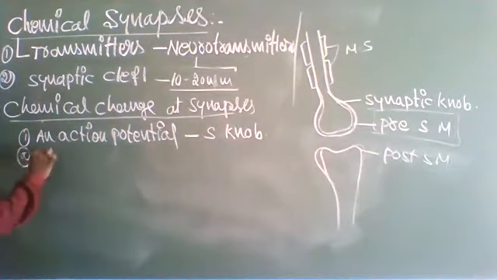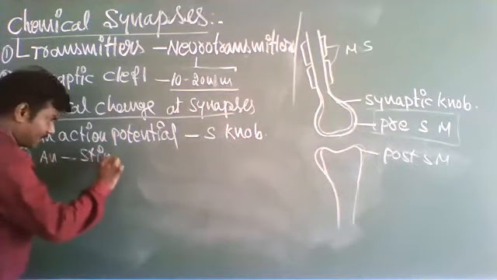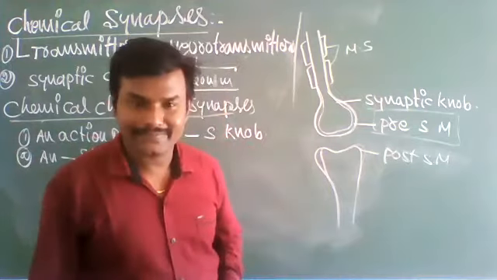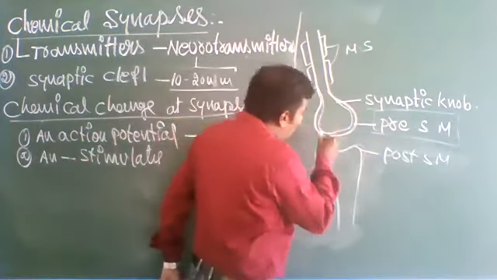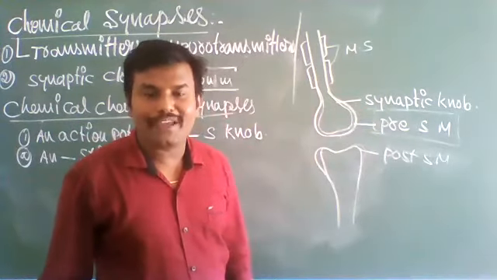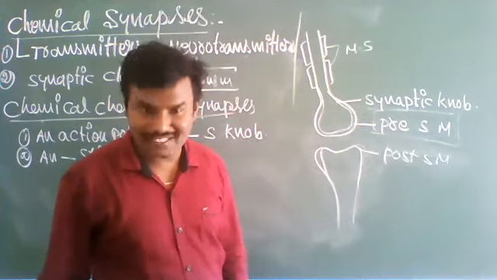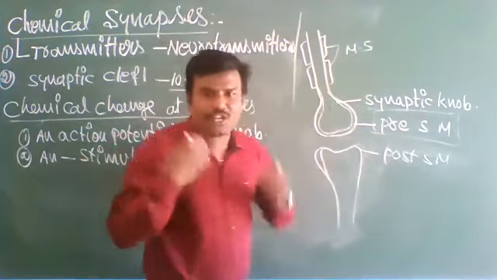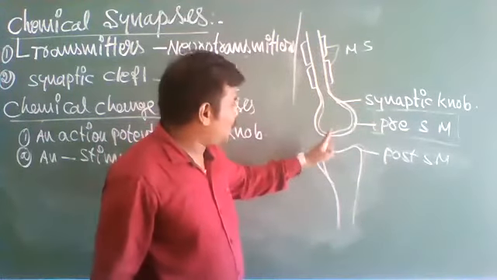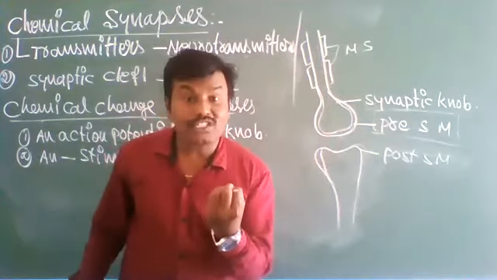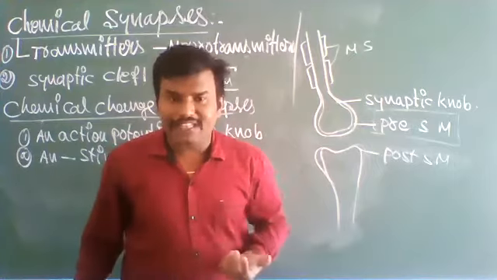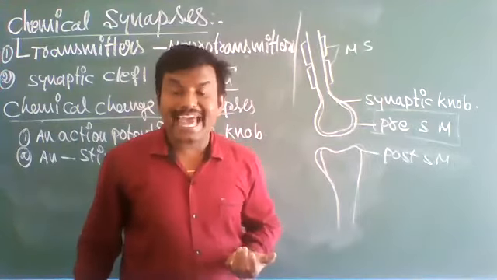An action potential stimulates the opening of the calcium ion gated channels. We cannot see the action potential with our naked eye, but when it reaches here, it induces the opening of the voltage gated calcium ion channels.